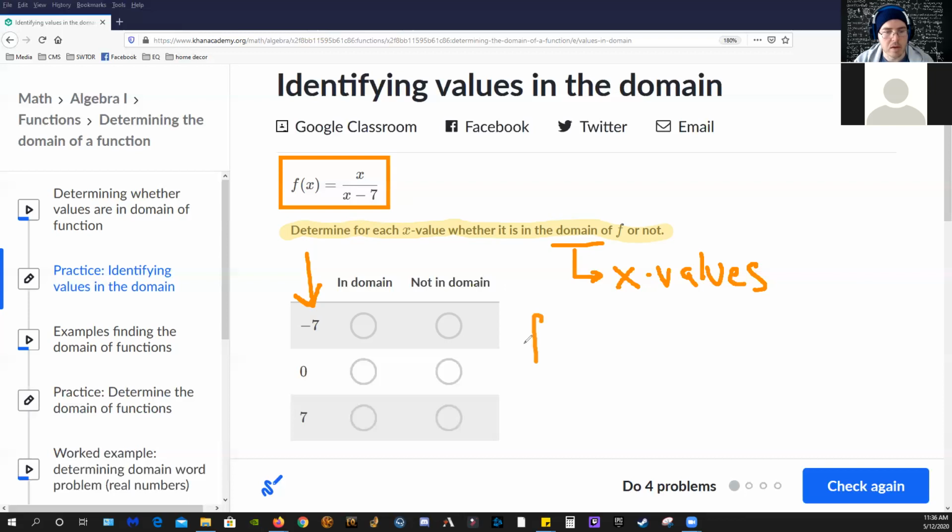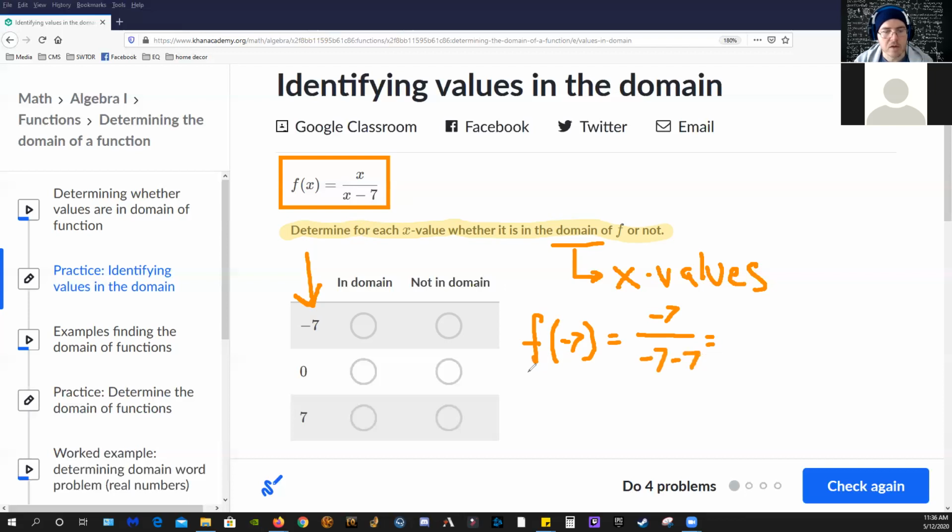So that'd be f of x, the function where x is equal to -7. So now we just put a -7 in for the x's. It'd be -7 on top, and -7 minus 7 on bottom.